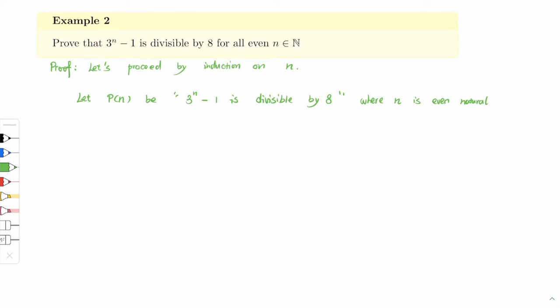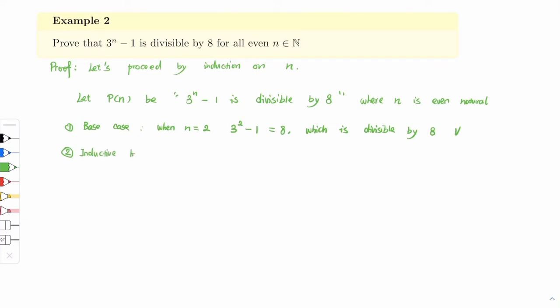Okay, so the base case is when n equals 1. When n equals 2, sorry, because it's even. When n equals 2, 3 to the 2 is 9, minus 1 equals 8, which is clearly divisible by 8. So the base case holds.